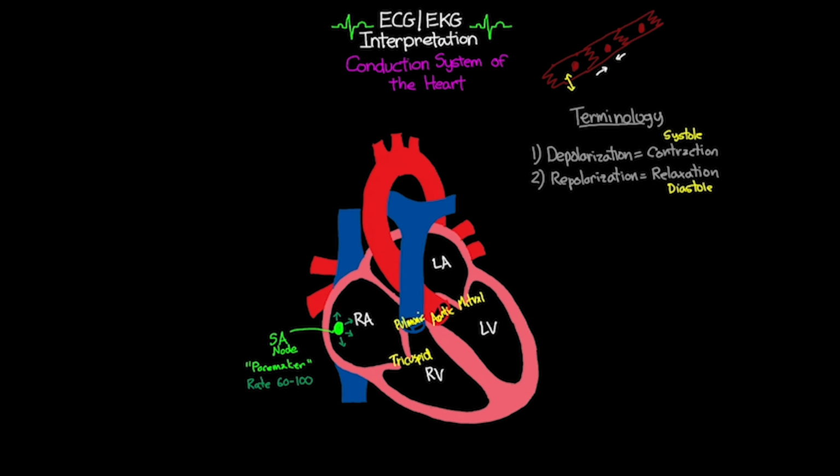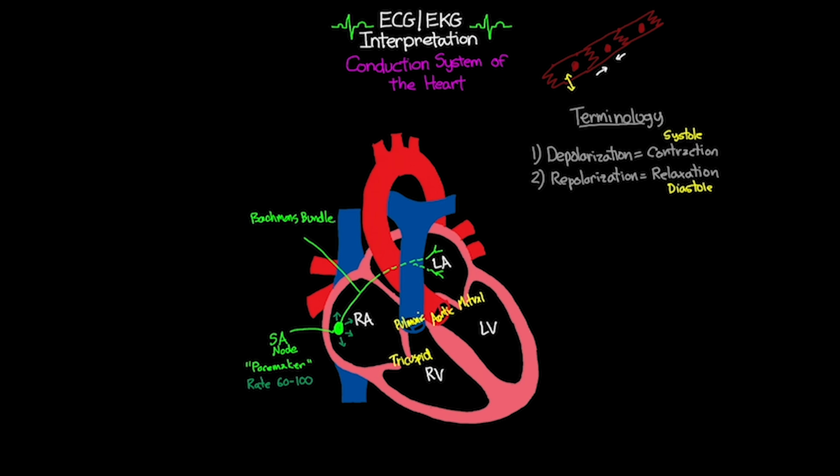And so there's actually a special pathway that kind of goes from the SA node and comes into the left atrium over here and helps to spread this signal out. And the specialized cells that make up this pathway carry that signal very fast. And this pathway that we have here is what we call Bachmann's bundle.